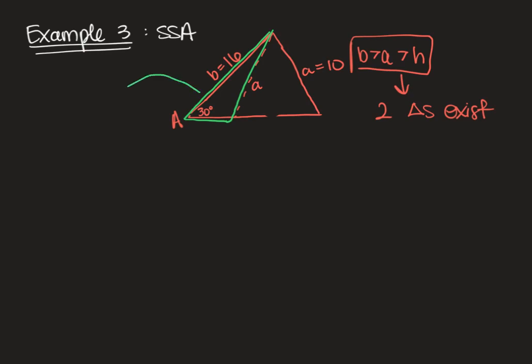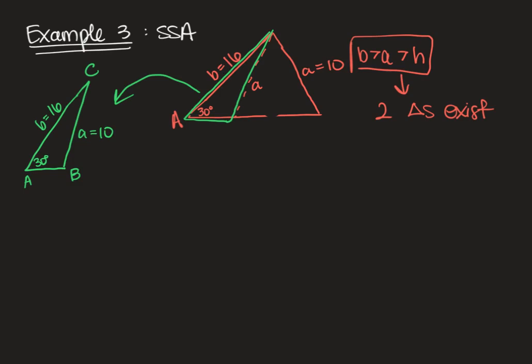All right, but this first triangle, the smaller green obtuse triangle, we know that it has a 30-degree angle, a side length B that's 16, a side length A that's 10 units, and that angle 30 is angle A. And then that obtuse angle is angle B, because that's the angle that's opposite side length B. So that top angle is angle C. So we are still going to use law of sines to solve for the missing angles and side lengths in this triangle.